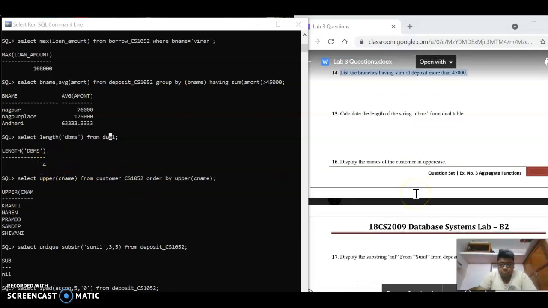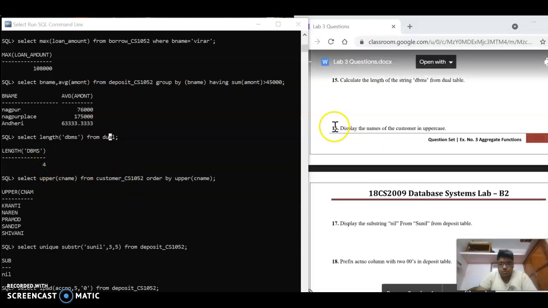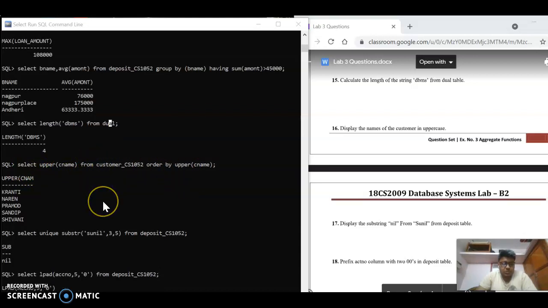And moving to the 16th question, display the names of the customers in uppercase. So select upper of name from the customer table, order by upper name. So this is the table. Here we get all names in capital letters.